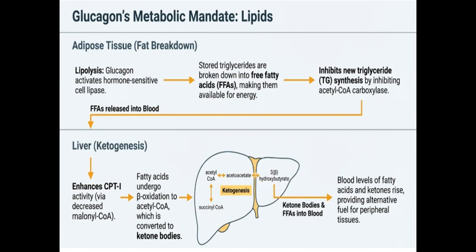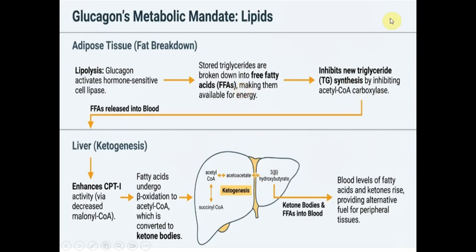Now this is the slide showing lipid metabolism and adipose tissue. Glucagon activates hormone sensitive lipase, breaking down the triglycerides into free fatty acids, and inhibits new triglyceride synthesis by inhibiting acetyl-CoA carboxylase.